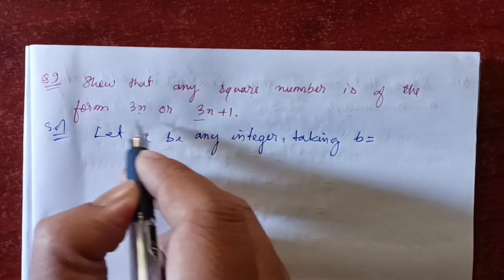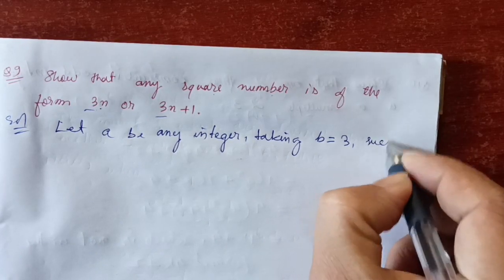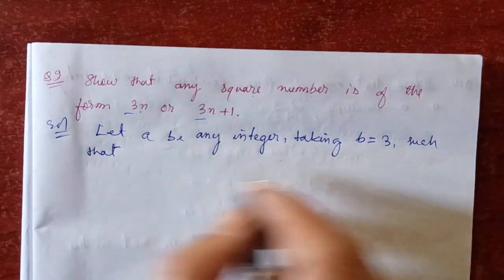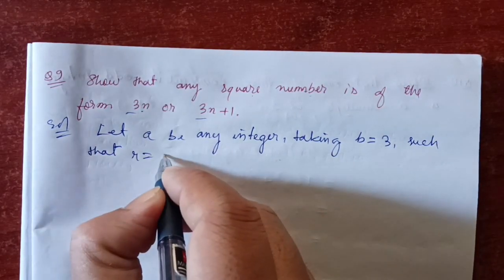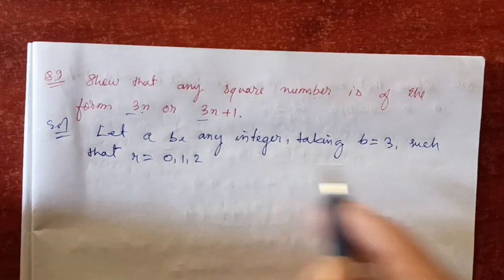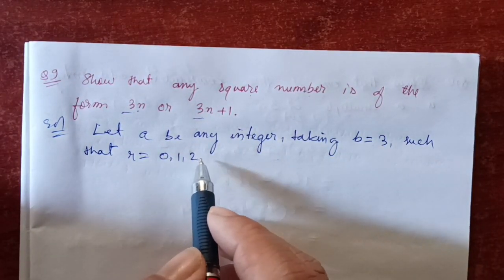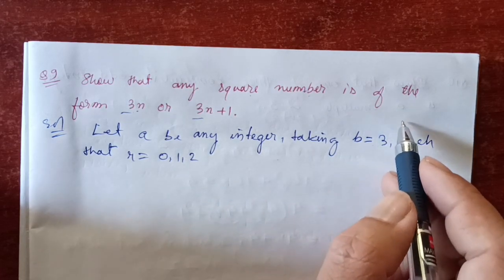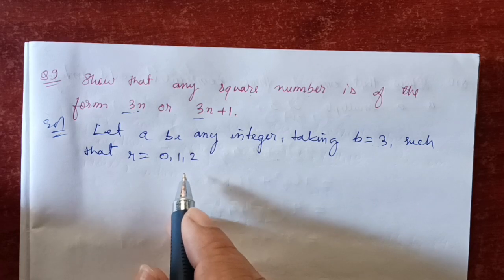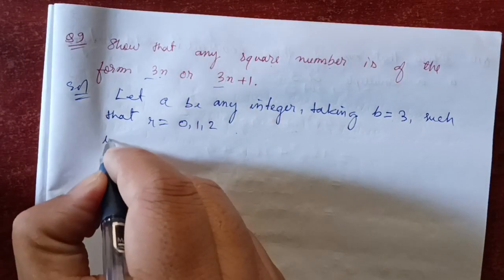Here also 3, so the b value will be 3, such that if the b value is 3, then the r value can be 0, 1 and 2. If the b value is 3, the r value can be only up to 2. If the b value is 4, the r value can be up to 3. I told you in the previous question.